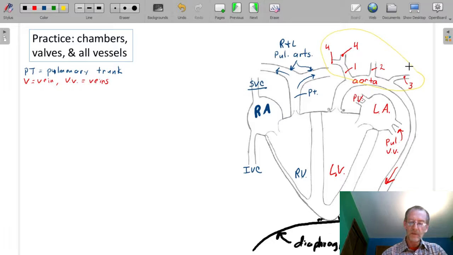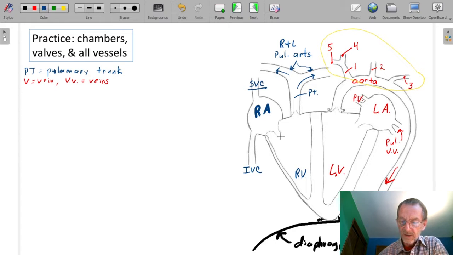So let's do the valves. So we're up to, what's wrong with that picture? I have 2 5s or 2 4s. Let's make that one 5 like it should have been. So 5 vessels that you need to identify off of the arch. And then let's do the valves.